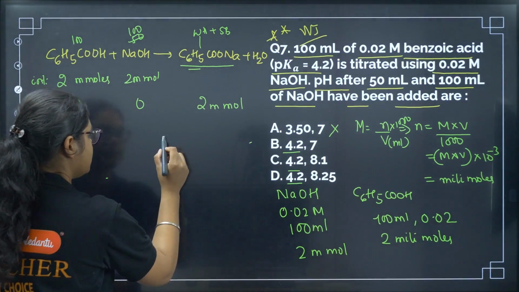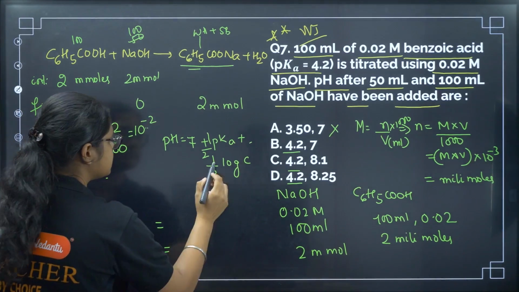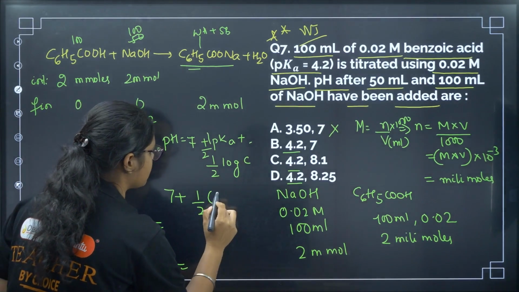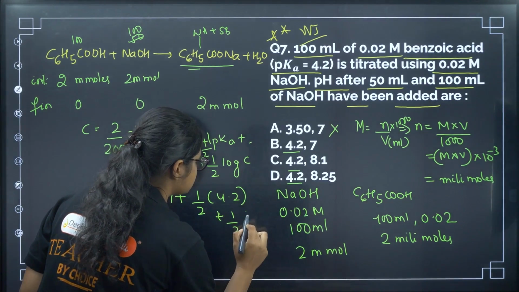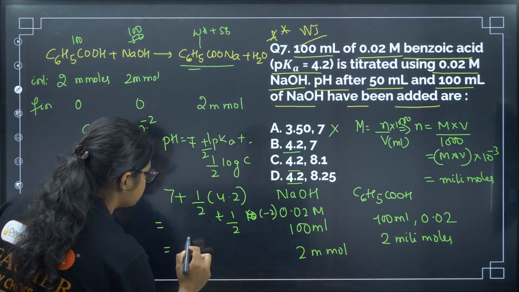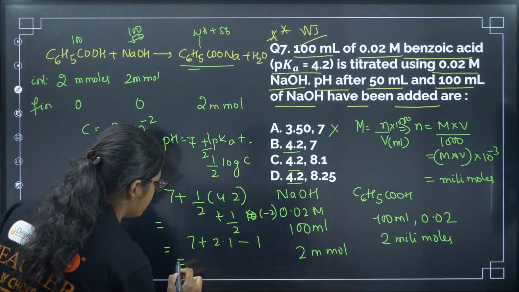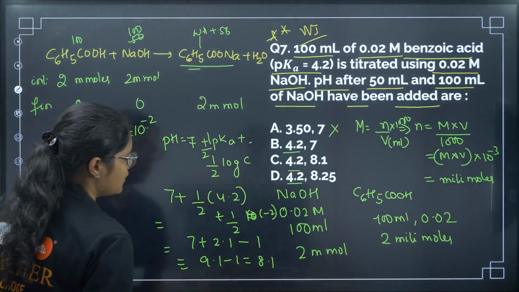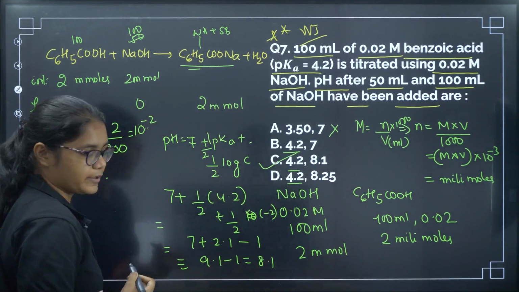So what is that formula? pH is equal to 7 plus half pKa, that is half of 4.2, plus half of log C. Log C is 10 to the power of minus 2, that is minus 2, right? So we will get 7 plus 2.1 minus 1, so we'll get 9.1 minus 1, that is around 8.1. So the correct answer for this question will be option number C.